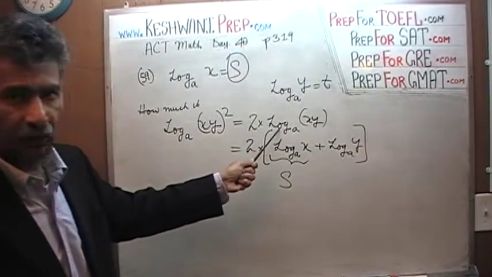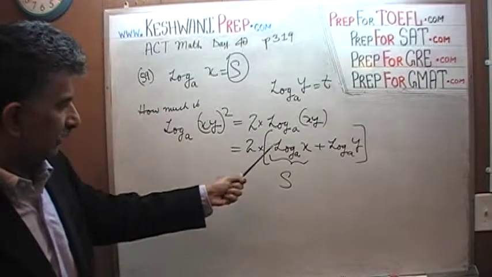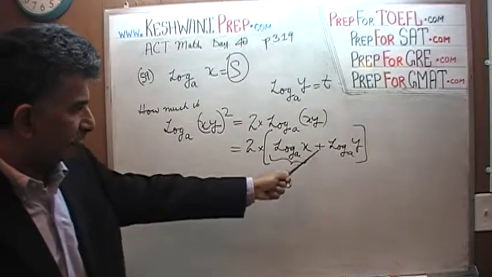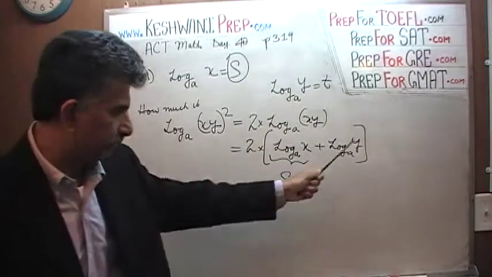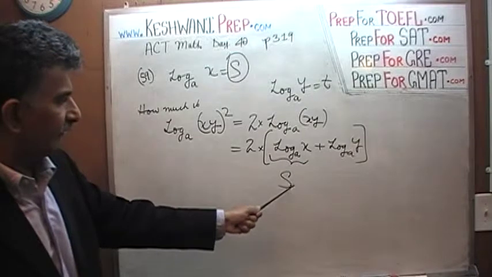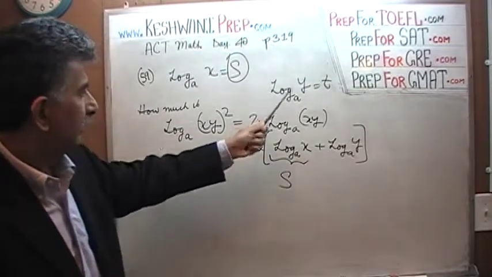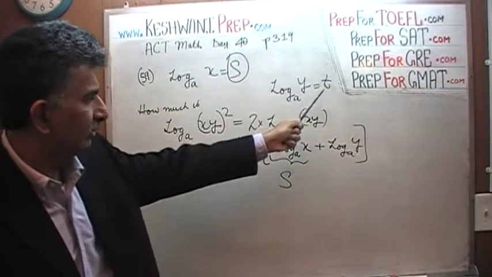2 times log of x times y with the base a is equal to 2 times the log of x with the base a plus the log of y with the base a, with the parenthesis around it. So this part we know is s. The log of x with the base a is s. Log of y with the base a, we are told, is t.